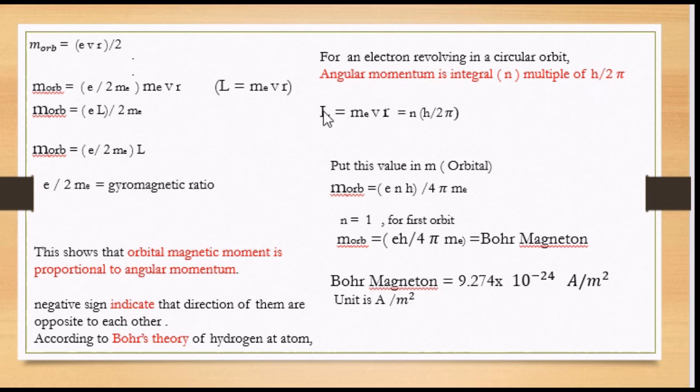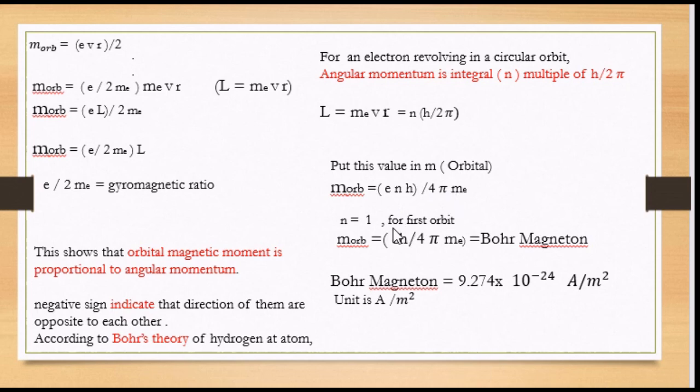Then the angular momentum, denoted by L, which is equal to m v r, is equal to n into h upon 2 pi. Then put the value of L as n h upon 2 pi in this equation. When we put this value, the orbital magnetic moment becomes e n h upon 4 pi m_e.